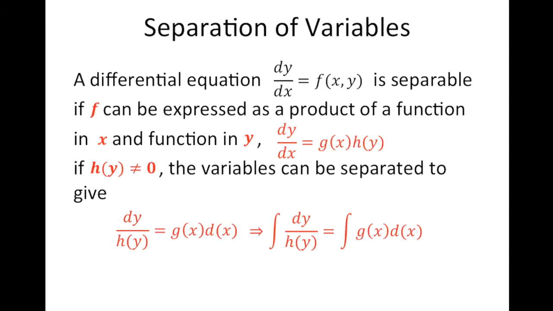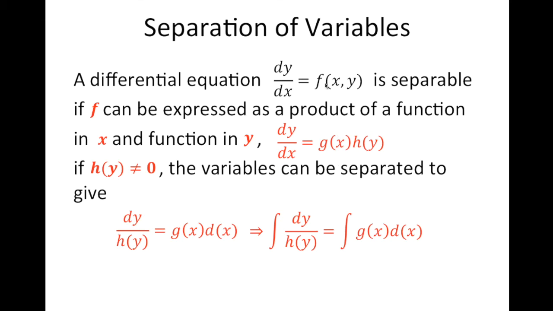Alright, so what is separation of variables? A differential equation dy/dx equal to a function f of x and y is separable if f can be expressed as a product of a function in x and a function in y.